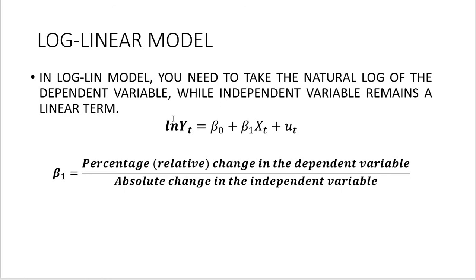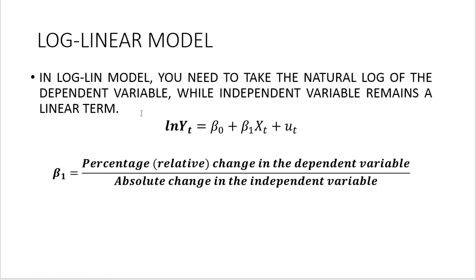The dependent variable is represented by the natural logarithm of y. That's why this variable will change in percent. We will analyze relative change. But x is represented by a linear term. That's why we will just analyze the absolute change.